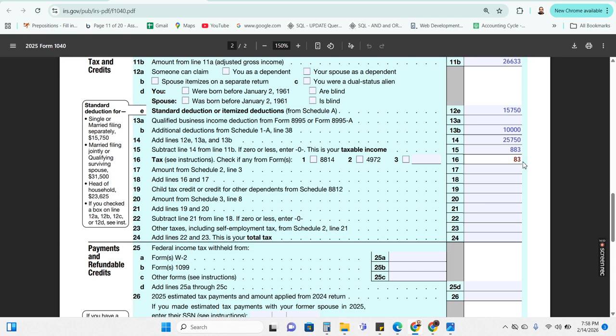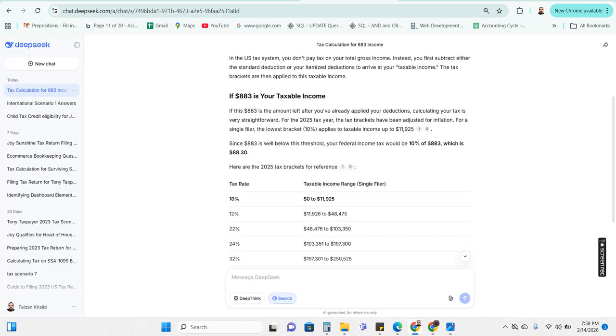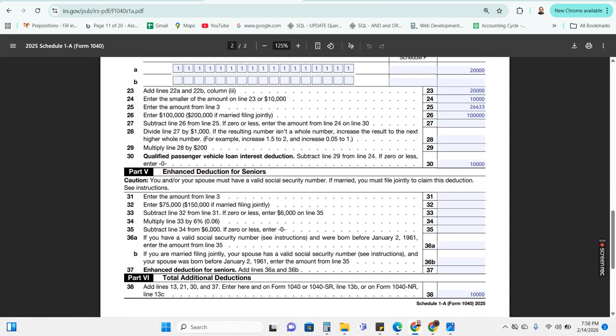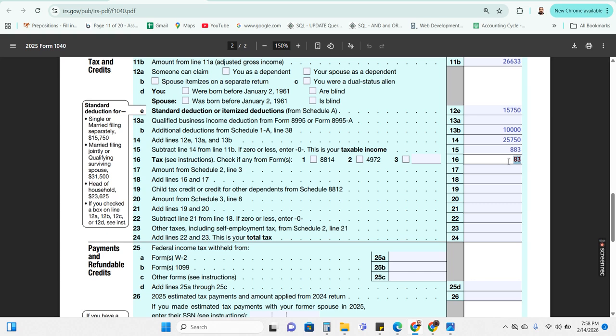Because 10% of 883 is 88. So $88 is our tax amount. So the amount from Schedule 2 line 3, there is nothing. At lines 16 and 17, 88.